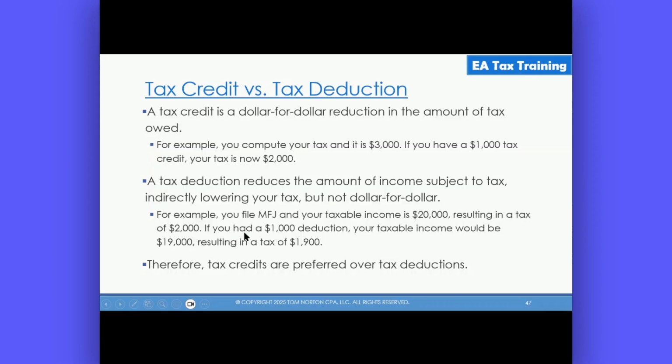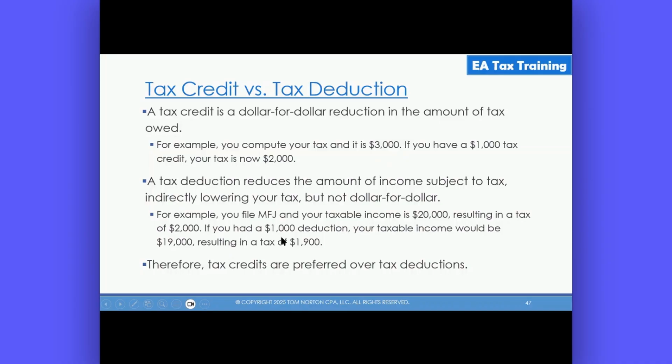So if they had a $1,000 tax deduction, their taxable income would now be $19,000 and their resulting tax would be $1,900. So they would owe less tax, but it's only $100 less. It's 10% of that $1,000 because they're in the 10% tax bracket.